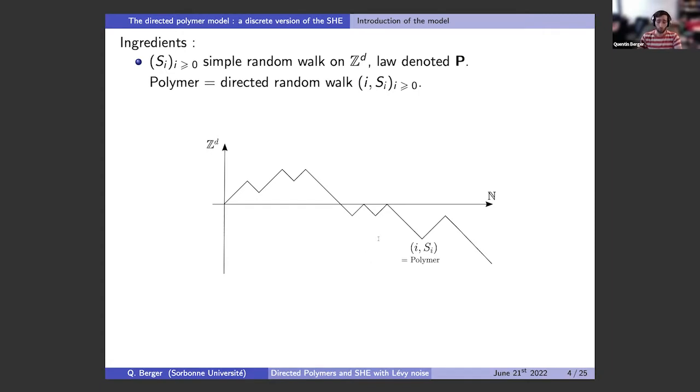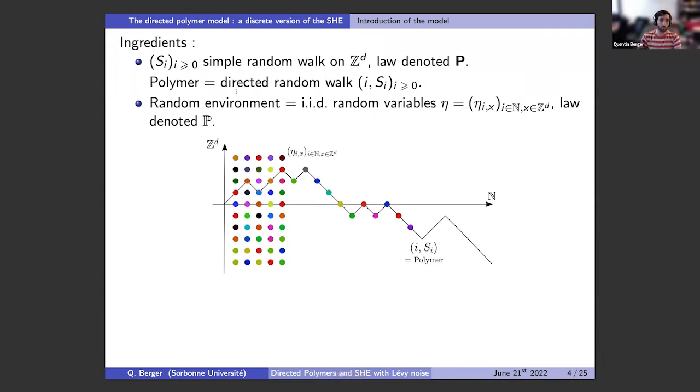And what you do is you place this polymer inside a field of random variables that model inhomogeneities. You can think about putting a polymer in a solvent which has impurities, or putting some random interactions in the Ising model. So you place a random environment, i.i.d. random variables everywhere, in space and time.